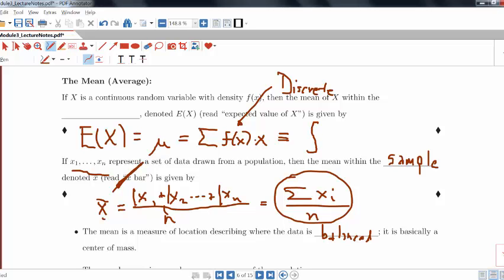When we go from discrete to continuous, we go from summing to integrating, and so I want to follow the same definition and just say f of x times x dx over the support. I haven't written in the support, but that's the idea. So this is how I would find the mean of a distribution for a continuous random variable. For discrete, I should write here continuous in case you look at this later.